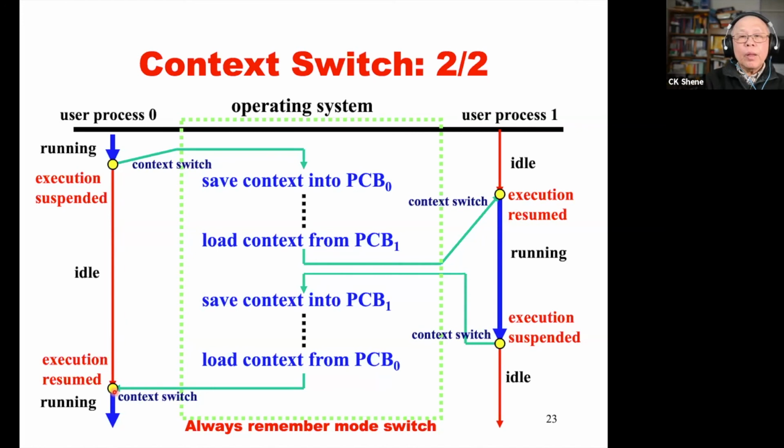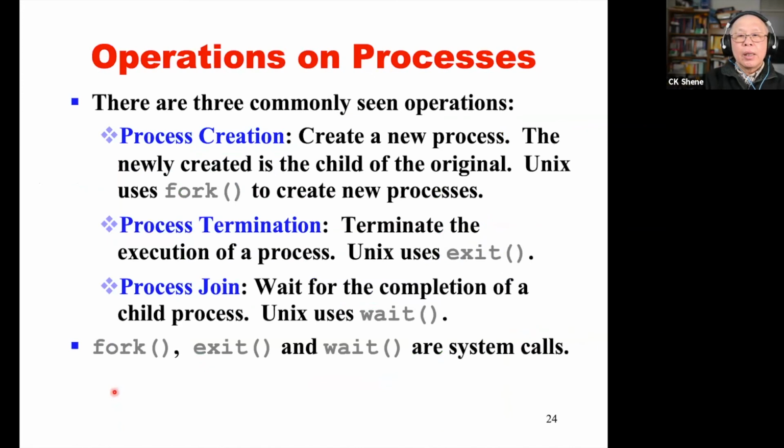Then we explained process state and the transition diagram, followed by context switch, PCB, and so on. Please remember and go through this section as many times as possible before we move to the operations on processes next time.